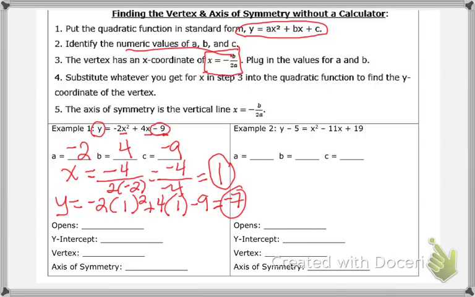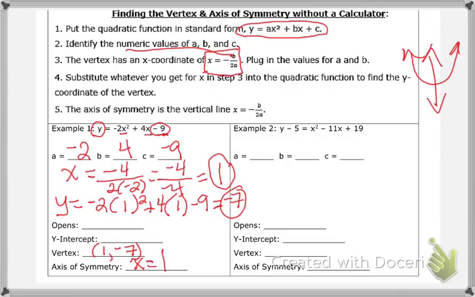So now I have my vertex, my x value and my y value: 1, -7. And my axis of symmetry, which cuts my parabola in half, is just x equals the x value of your vertex, which is 1.